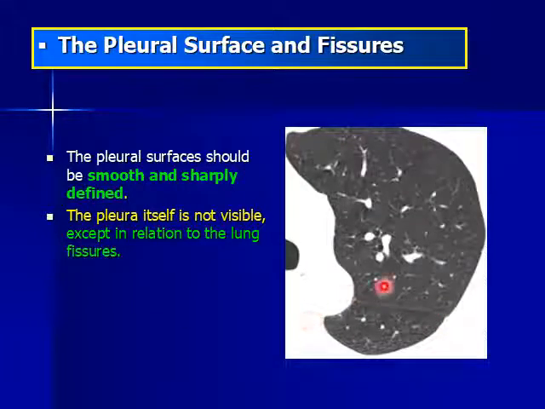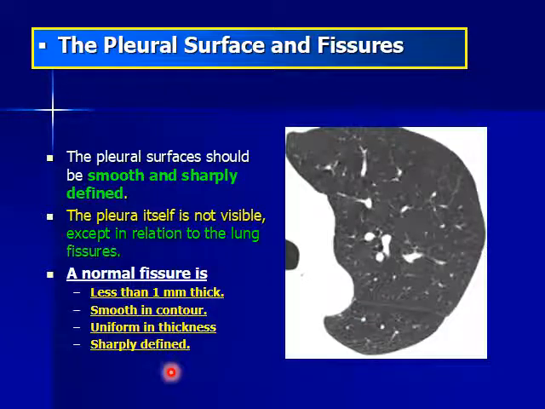Why? Because the fissure here is lined by lung on both sides, and usually it contains the 4 layers of the pleura. Normal fissure should be less than 1 millimeter in thickness, smooth in contour, uniform in thickness, and sharply defined. If these are not present, we have abnormal pleural thickening.